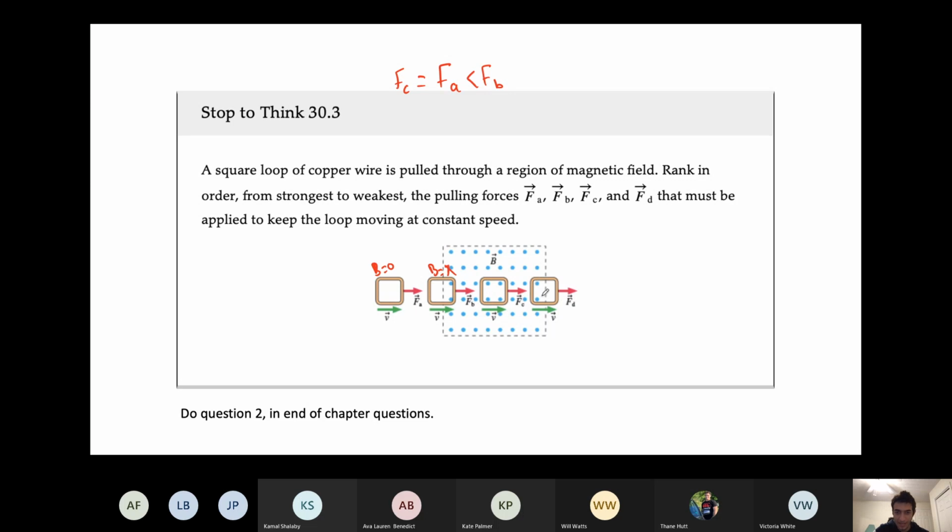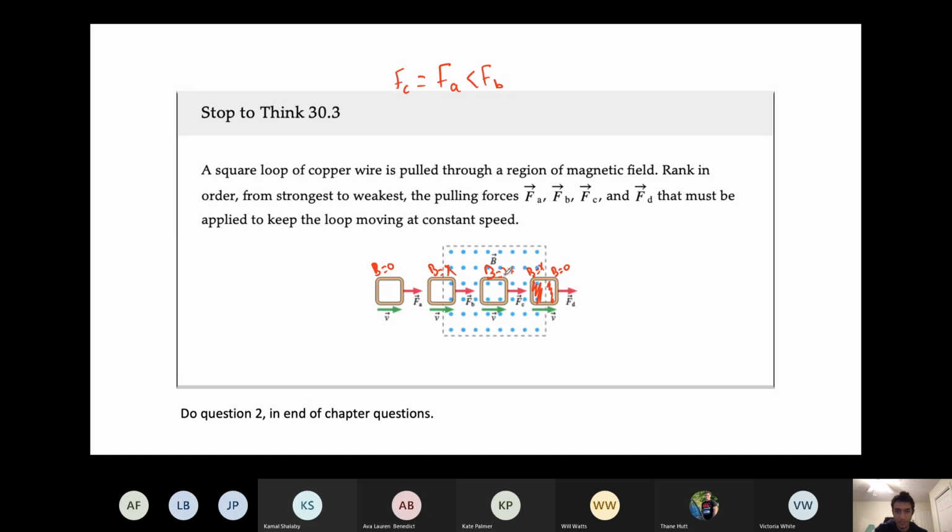Now you have the magnetic field and you're exiting, so there isn't any magnetic field. Let's say in this part B is equal to x, and in this other part B is equal to 0.